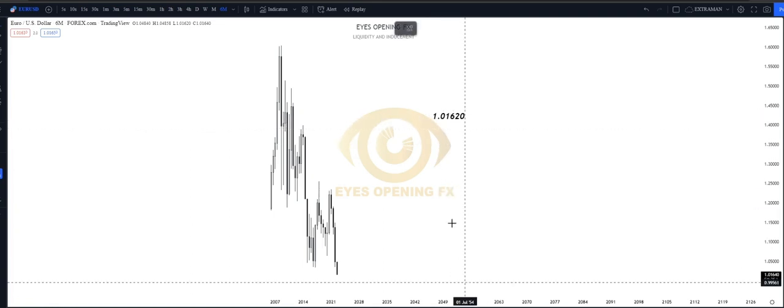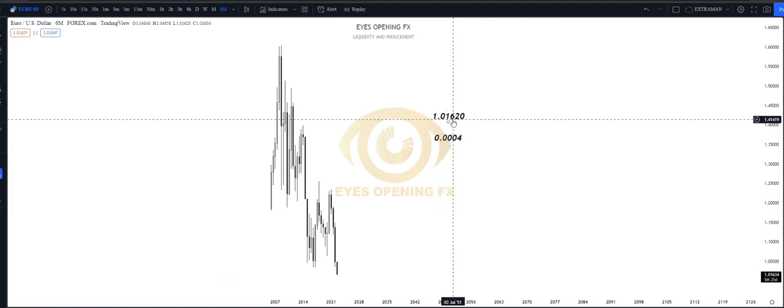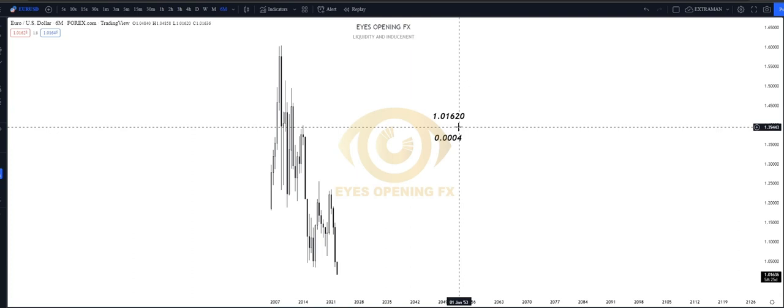Adding 4 pips to it becomes 0.0004. This 0 is the first decimal place, the second, the third, and you calculate your pip from the fourth one, based on this particular pair.